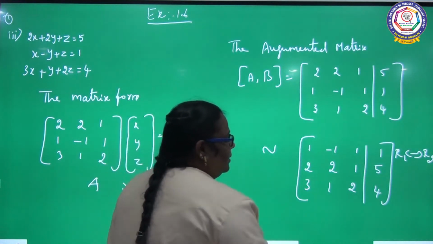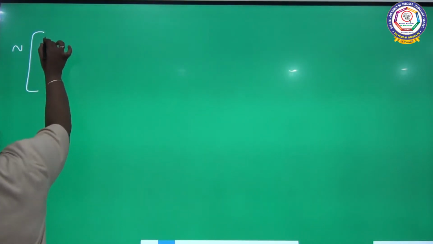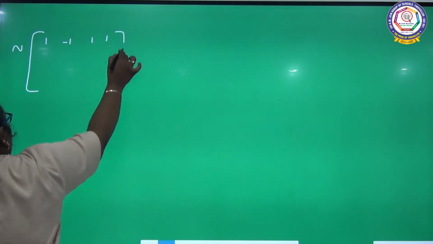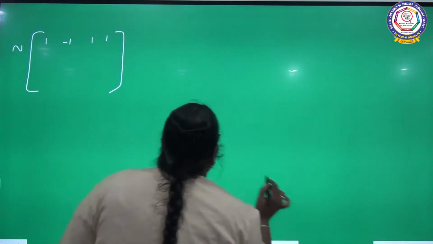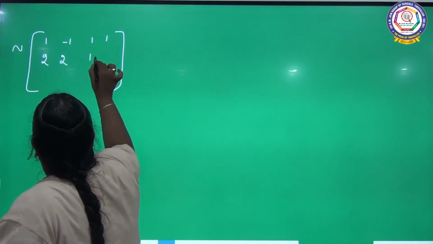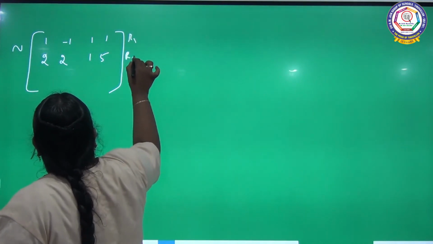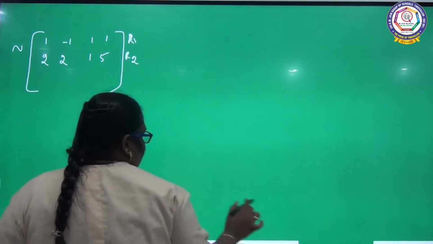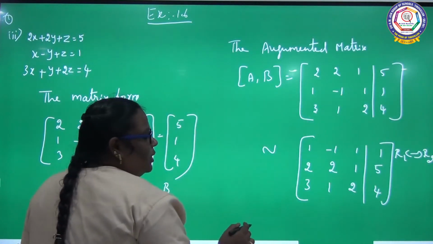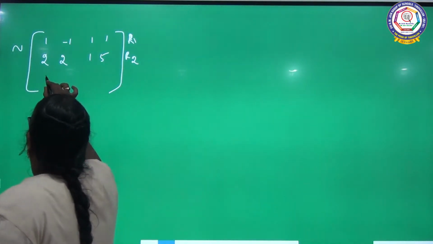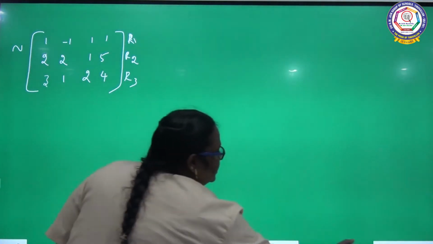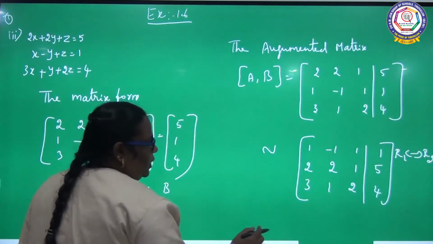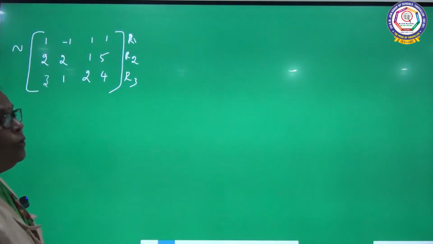I can write the same thing here: 1, -1, 1, 1 is my R1; 2, 2, 1, 5 is my R2; next, 3, 1, 2, 4 is R3. We'll check it once.